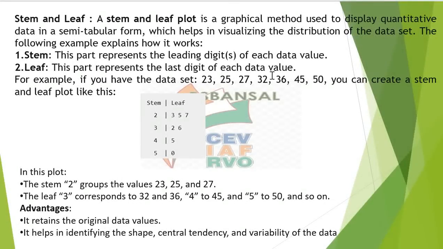To make it clear, let us suppose we have a data set 23, 25, 27, 32, 36, 45, and 50. You can create a stem and leaf plot like this.